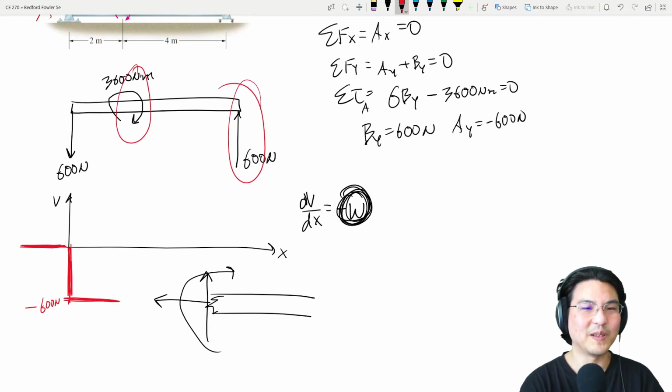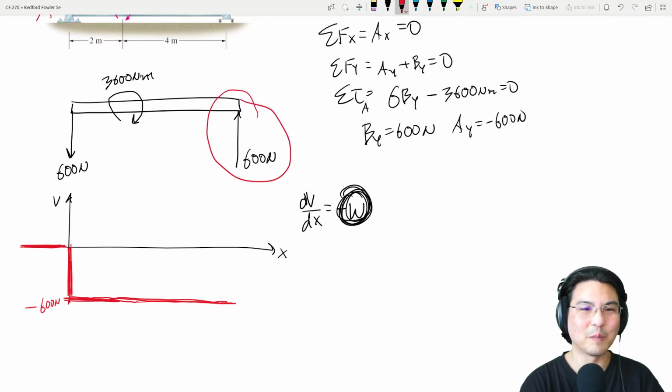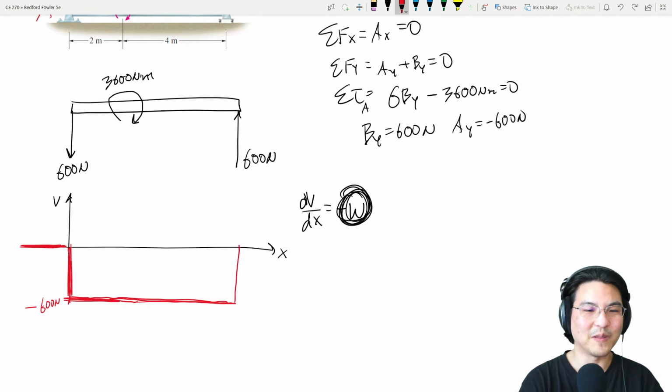From here to here, still there's no loading curve, so it's still constant all the way over to this side. And then suddenly, here we encounter this positive 600 Newton reaction, which is positive like this. And then over here, there's nothing going on.